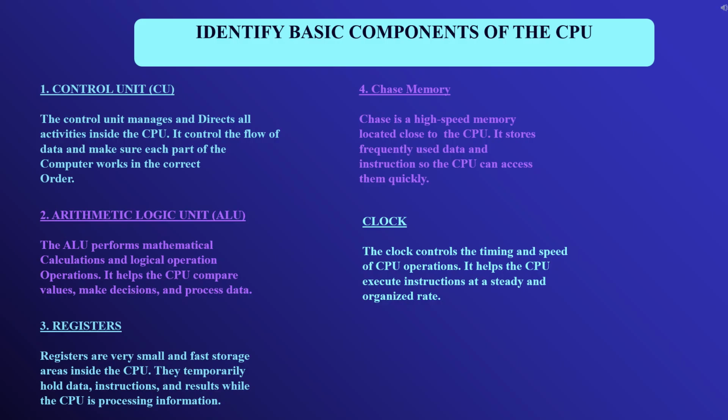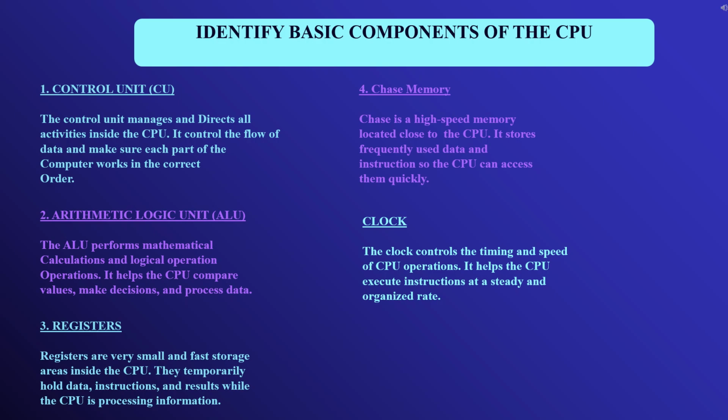Then we have registers, which are extremely fast storage areas inside the CPU. You can imagine registers as a worker's hands, holding just a few items at a time so they can be used immediately, rather than going back and forth to a warehouse. There's also cache memory, a type of high-speed memory placed very close to the CPU, which stores information that is used frequently, so the CPU doesn't waste time fetching the same data again and again.